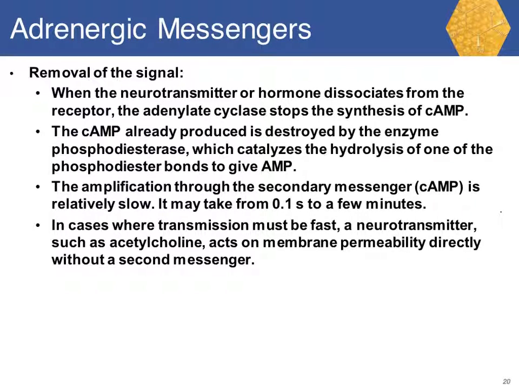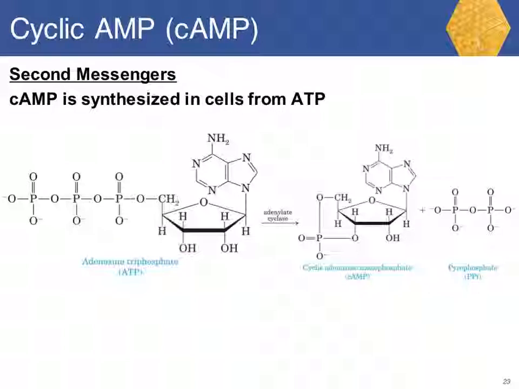So that's propagating the signal. Now, in the removal of it, when the hormone or neurotransmitter dissociates itself from the receptor, the adenylate cyclase halts the manufacture of the cAMP. So it works in two different capacities depending on what's happening with that neurotransmitter or hormone.